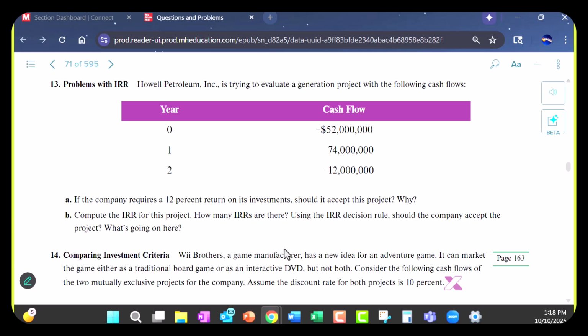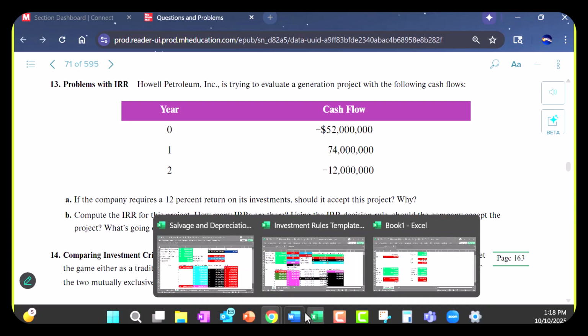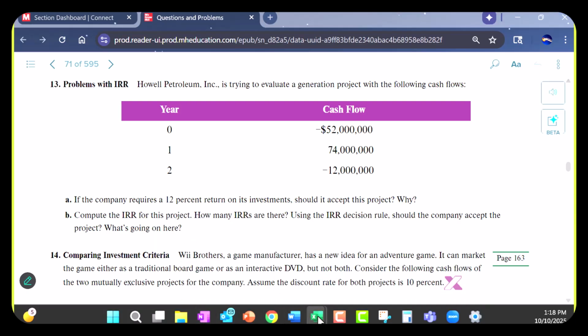Let's talk about potential issues with IRR. Here we've got a project. Let's just pick one of them.